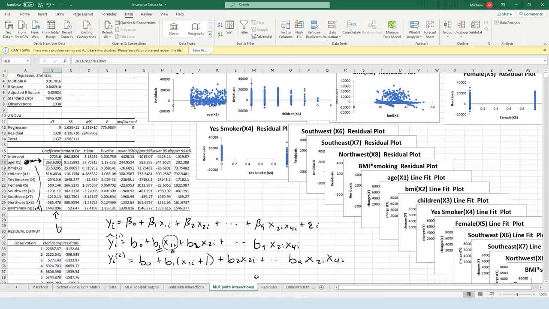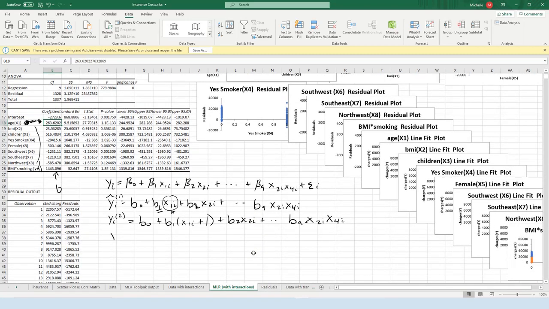Now if you subtract the first from the second, the increase minus the first, everything cancels, and when you FOIL this in, the term b1 times x1i also cancels, and you're left with just b1.